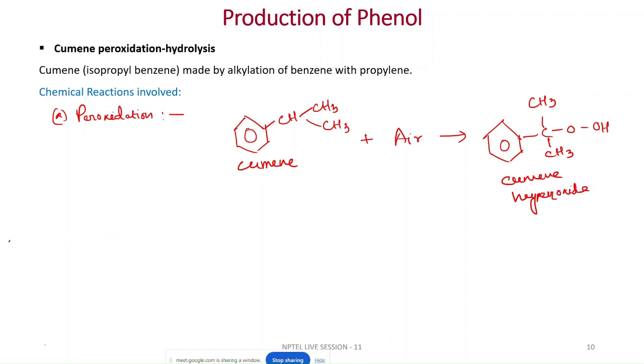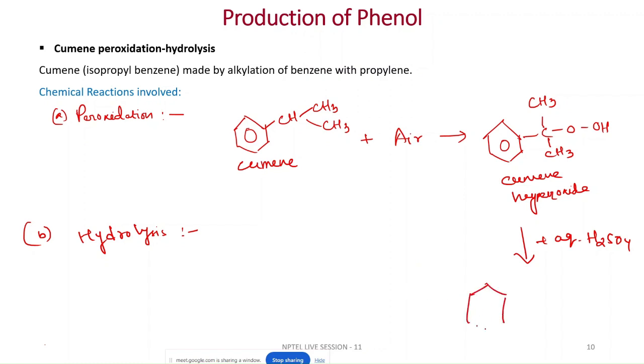In the next step, this cumene hydroperoxide is hydrolyzed, so the process name is hydrolysis. It is hydrolyzed in the presence of aqueous sulfuric acid and produces phenol, plus, as a byproduct, we also get the useful product acetone.